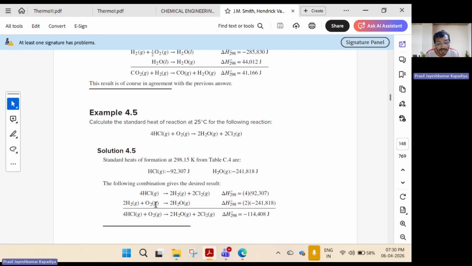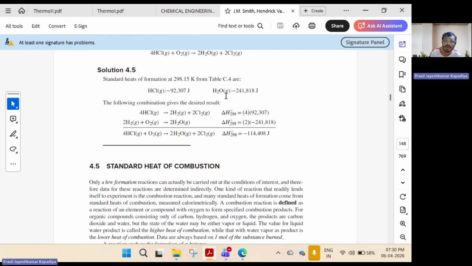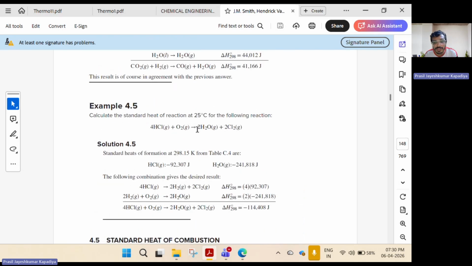If these cancel out, we are only left with this particular summation. You can just do H2O to H2O, so multiply the 2 into this. For the reactant it is 4, so 4 into this. Why don't we consider O2 and Cl2? Because they cancel out on both sides, so we don't need to consider them.